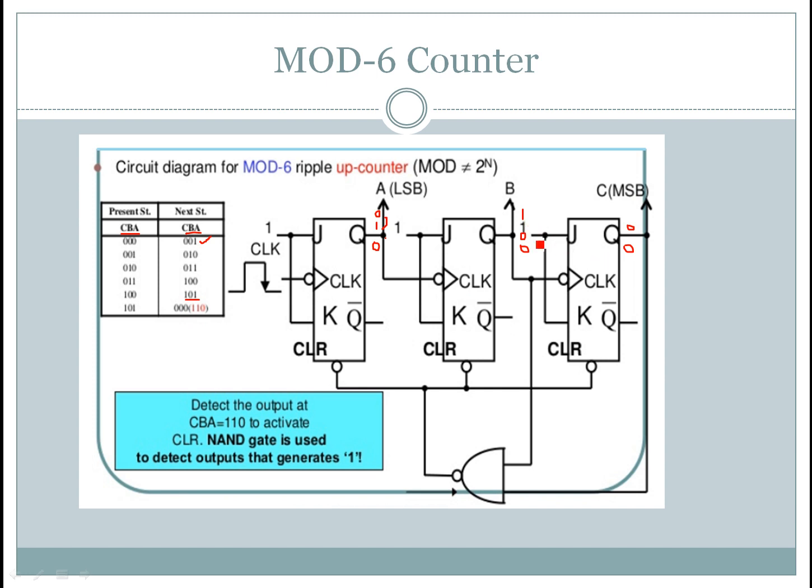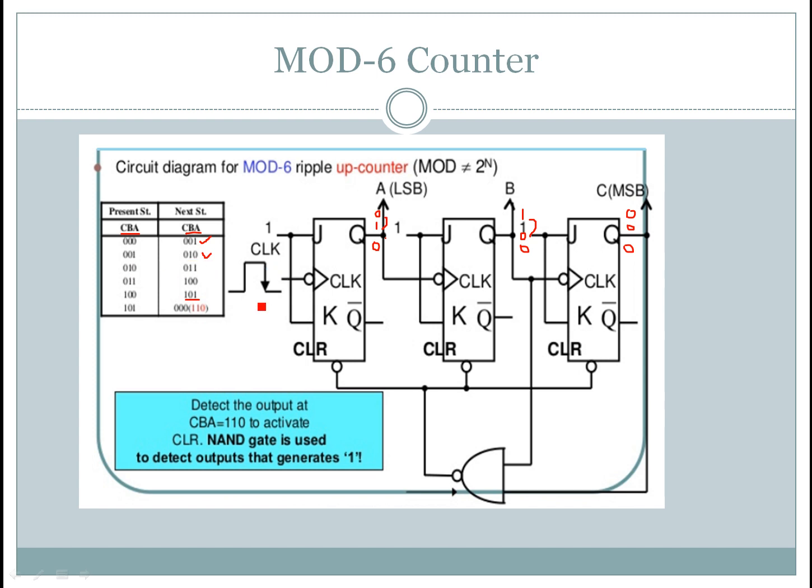And for the third flip-flop, the 0 to 1 transition is a positive edge, hence the third flip-flop will not change its output state, it retains its previous state, that is 0. So now the output is 0 1 0. So that is the next state here. Previous state was 0 0 1. So now the output is 0 1 0.